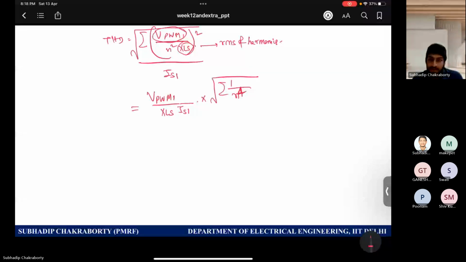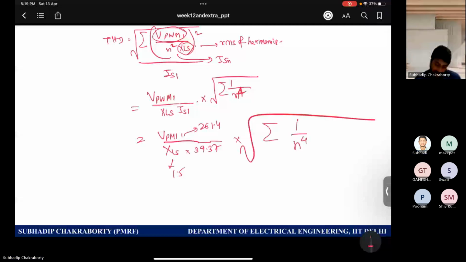So this n square is the strength of ISN, but I need to square again and then sum and then root. RMS, right? So this is 1.5, this is 261.4, and IS1 is 39.37, and everything we wrote correct, but this sigma would be over n to the power 4, where n is 11 to 25. And obviously there should not be any 15 and 17. So if you do it, you will get around 4%.